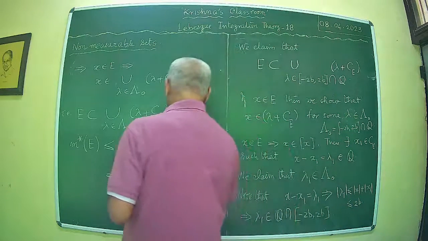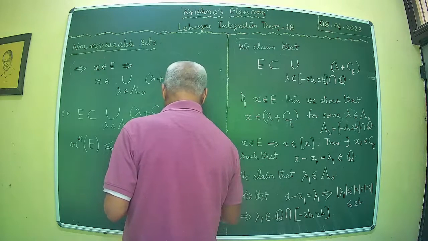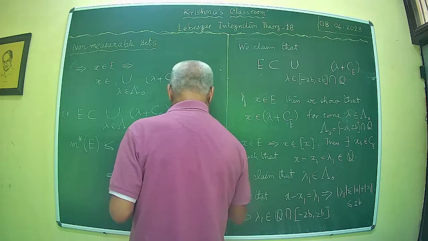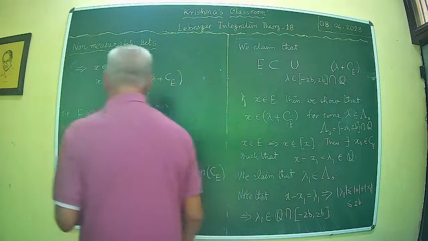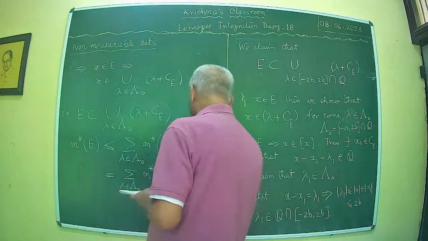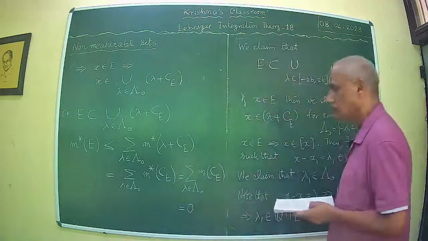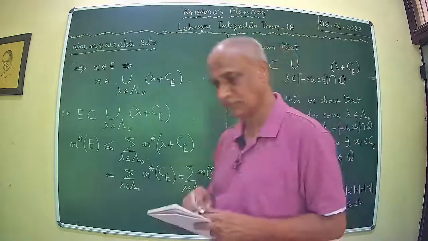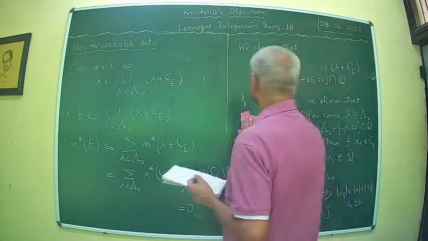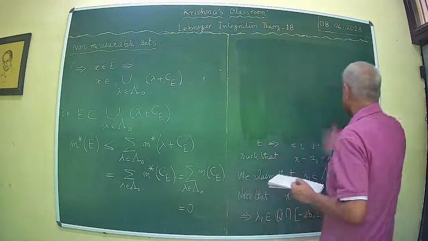This is equal to, and m of C equal to 0, and this is equal to 0. Okay, right? This is what, since m of C is equal to 0.